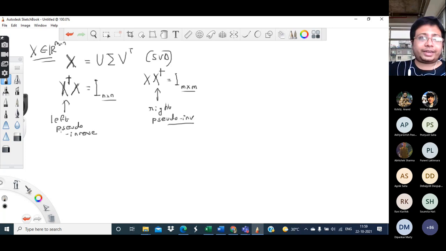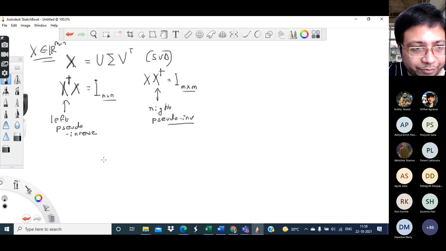So it turns out that using the concept of SVD, we can find the left pseudo inverse of any given matrix. How so? Before that, let me make a claim.